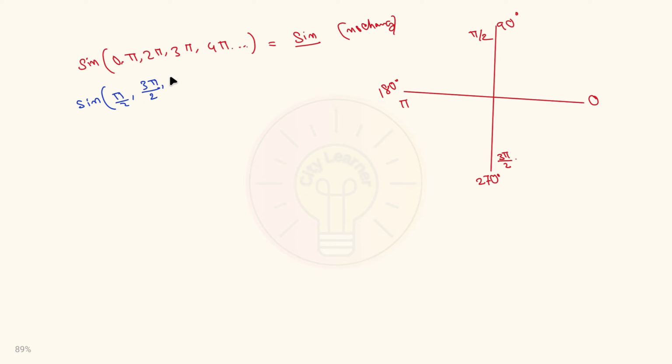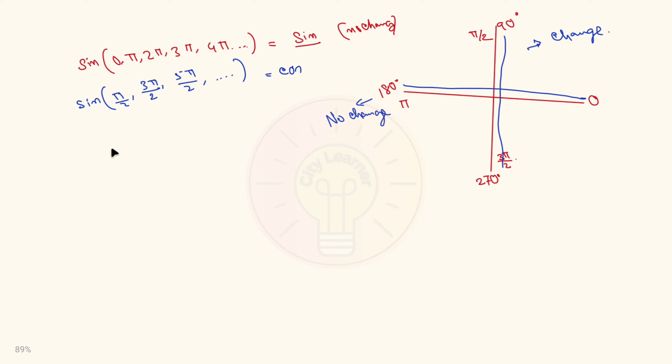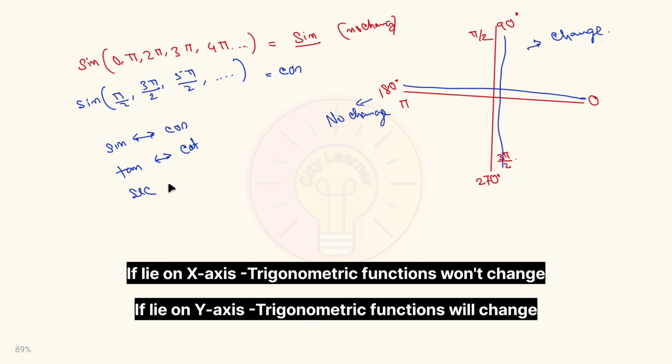Sine will be sine, cos will be cos, cot will be cot, tan will be tan, sec will be sec. But when trigonometric functions depend on the vertical line, that is 90 degrees and 270 degrees plus or minus theta, then sine changes to cos, cos to sine, tan to cot, cot to tan, sec to cosec, cosec to sec. It changes in this way.